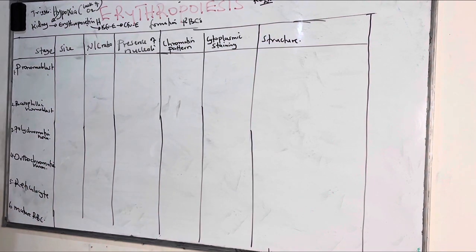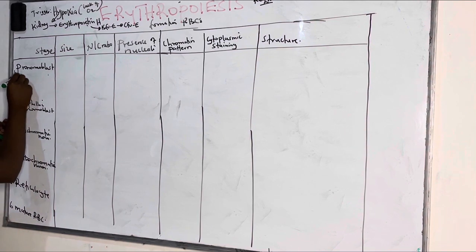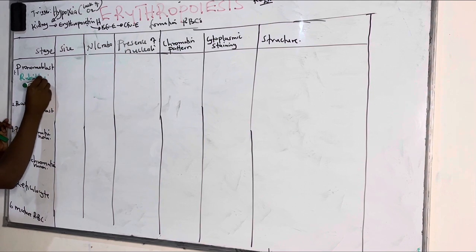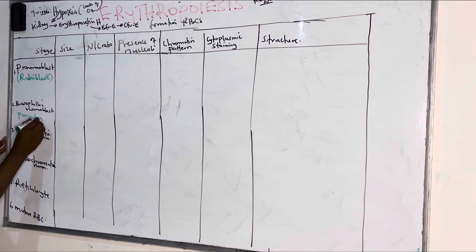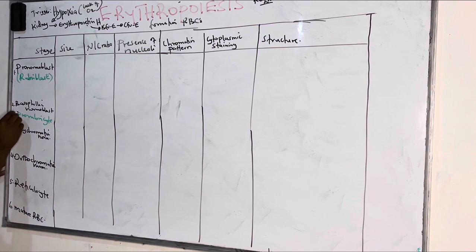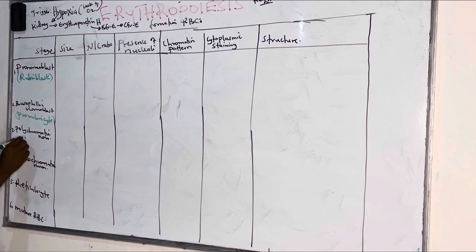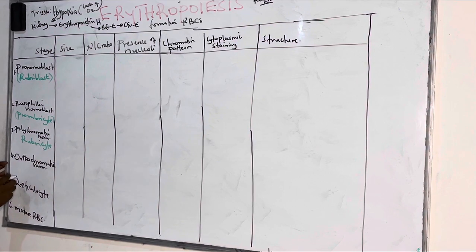And the pronormoblast, you can also call it rubriblast. This one you can call prorubricyte. This one you can call rubricyte. And this one you can also call rubricyte.